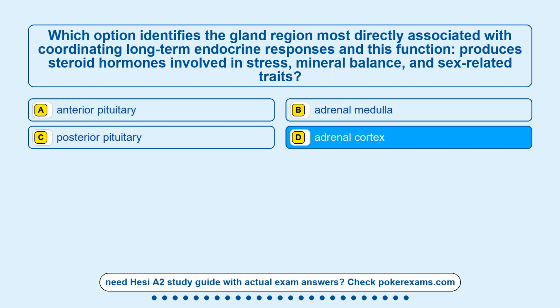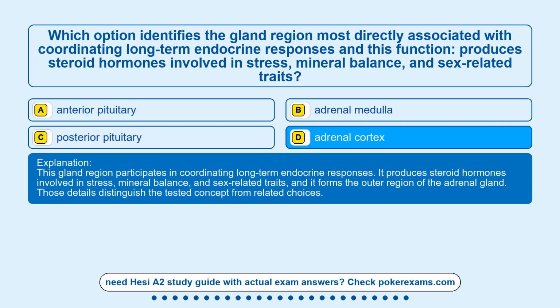The correct answer is option D, adrenal cortex. This gland region participates in coordinating long-term endocrine responses. It produces steroid hormones involved in stress, mineral balance, and sex-related traits, and it forms the outer region of the adrenal gland. Those details distinguish the tested concept from related choices.